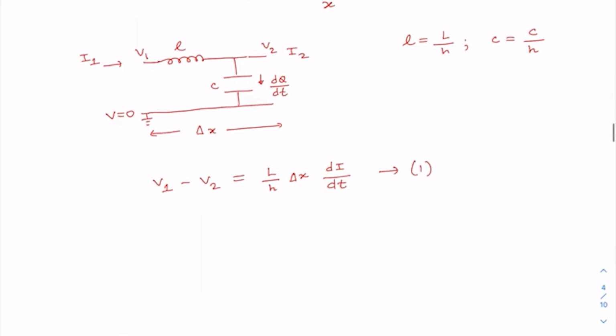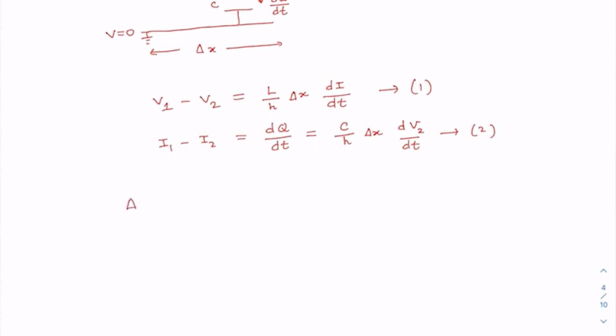On the other hand, the difference in the current is I1 minus I2, that is across the capacitance, we have dq/dt. This is what we have, and we know that Q is equal to CV. C is the capacitance, so total capacitance would be C by H into delta x, and here we have dV2/dt. Okay, so let us say it is equation number 2.